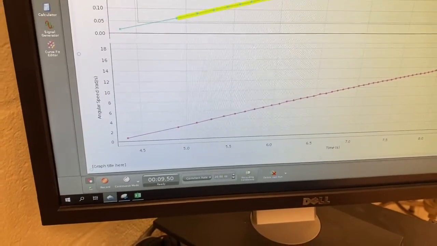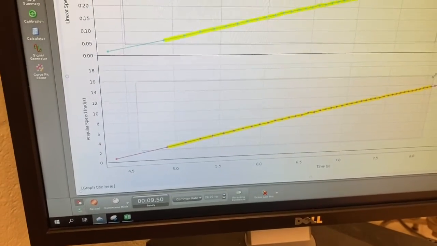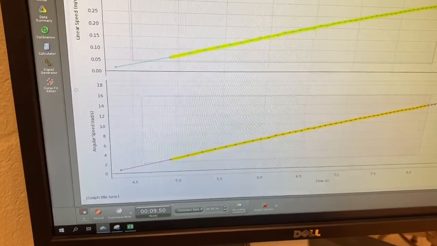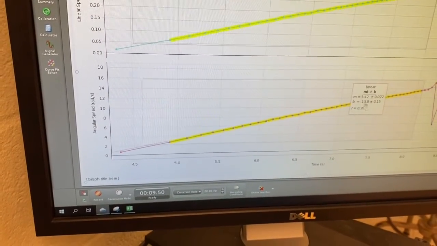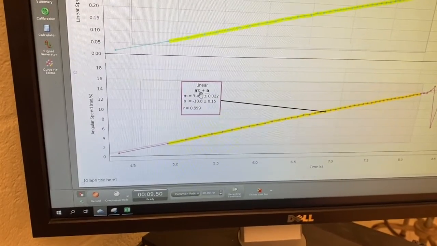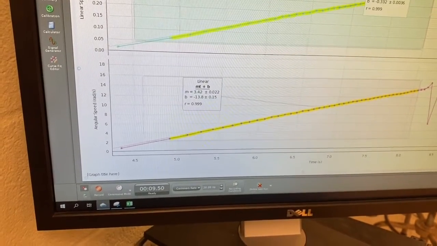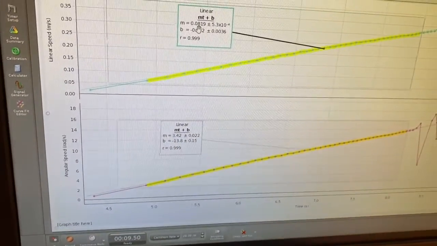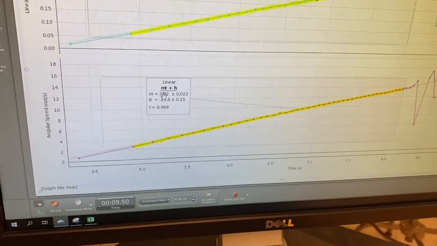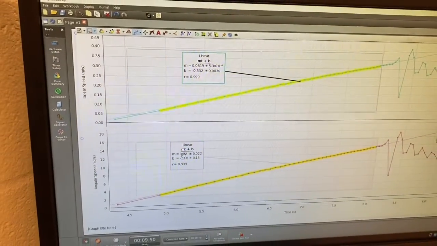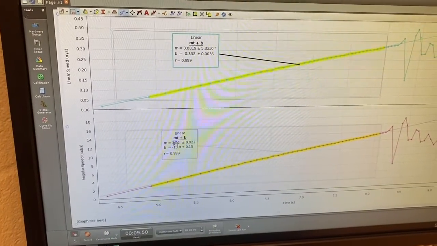I select that region, and here I'm going to select only this linear region and the slope linear. Okay, I have the slope of that graph, and I'm going to get the slope of this graph as well. So the slope of the linear speed graph is the linear acceleration, and here is the angular acceleration. So that's all you need to calculate the moment of inertia of the point mass.